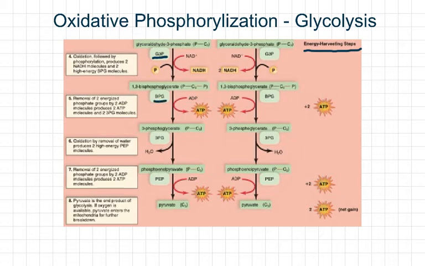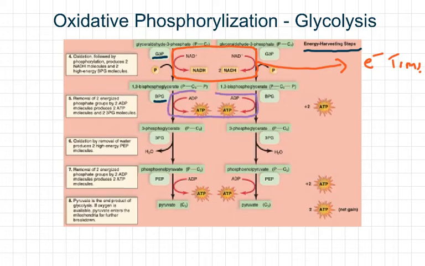And at this point, we start seeing our first interactions of the electron carriers. We have two molecules of NAD being reduced to NADH. And these will carry off the electrons over to the electron transport chain to create ATP. And we'll discuss that later on in this video. Then, when 1,3-bisphosphoglycerate is converted into 3-phosphoglycerate, we create two molecules of ATP.